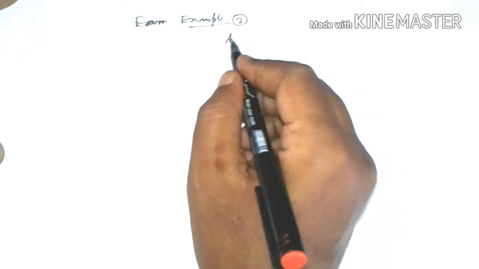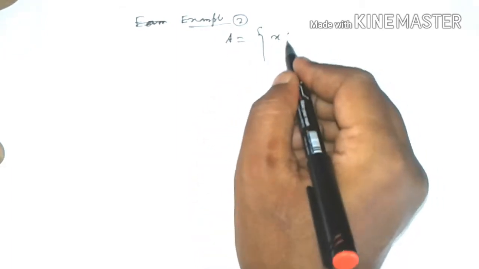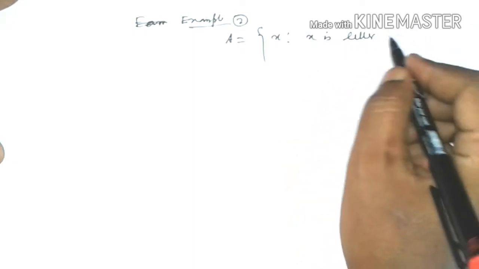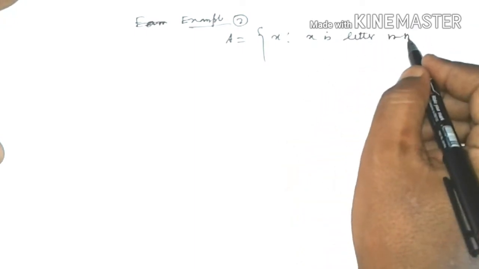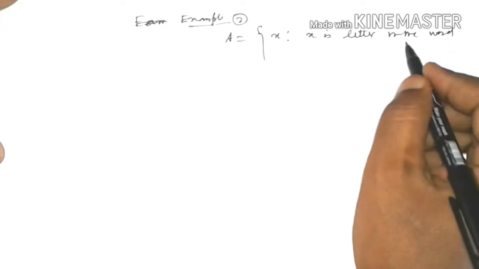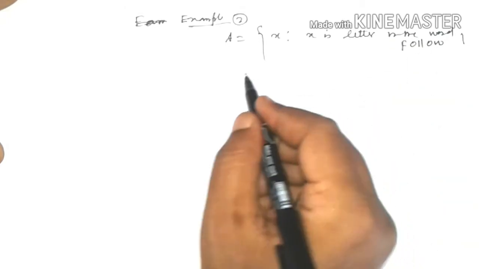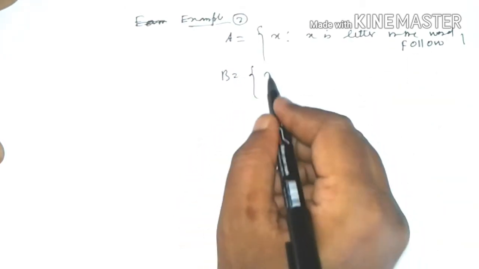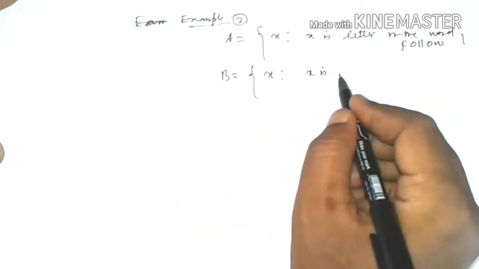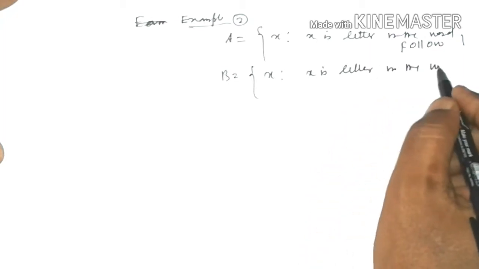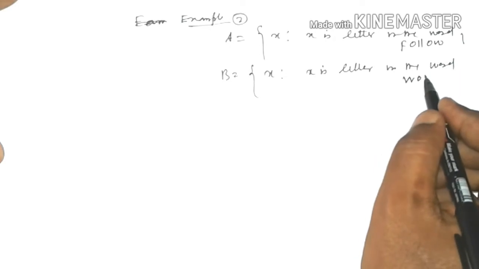Number 2. Let A be {X such that X is a letter in the word FOLLOW}, and B be {X such that X is a letter in the word WOLF}.